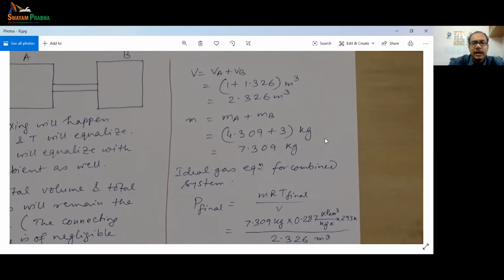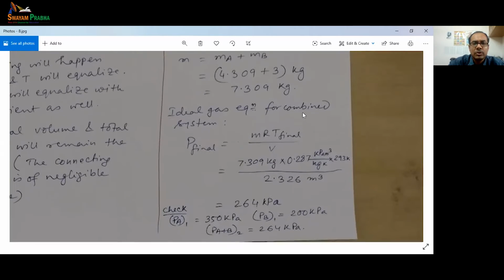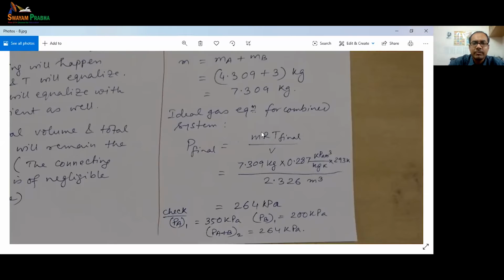Now we can apply the ideal gas law again for the combined system, A plus B. So what will we do? Now we know total mass M, we know total volume V. We also know the final temperature because it is coming to the ambient temperature, and that is 20 degrees centigrade. So everything we know.